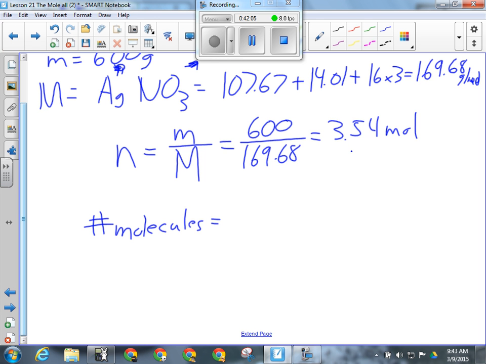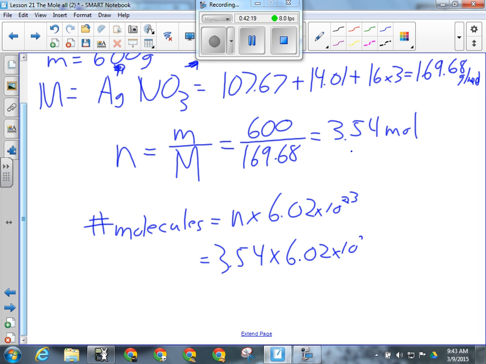To get the number of molecules, I take my moles, N, and I multiply by 6.02 times 10 to the 23. So that's going to mean 3.54 times 6.02 times 10 to the 23. Now, you might be looking at that going, how do I put that in my calculator? That is a good question. I'm going to show you.